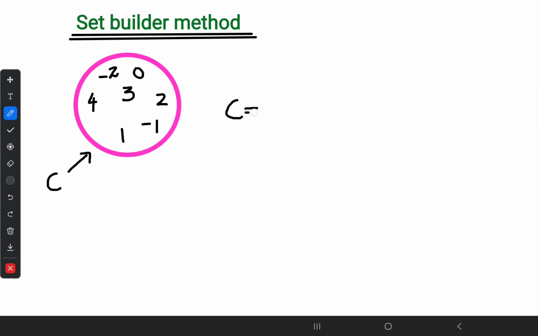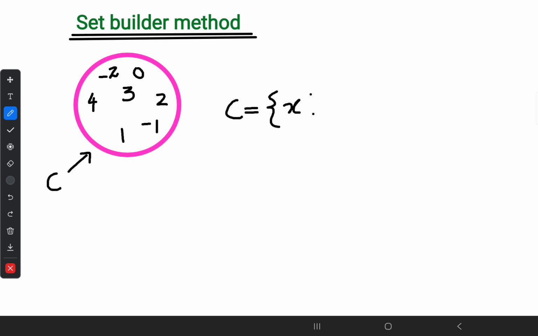First, I will write this. C is equal to x colon. That means we are going to express the characteristics of x. What is x? The elements belonging to this set C. So I can represent these values as x.